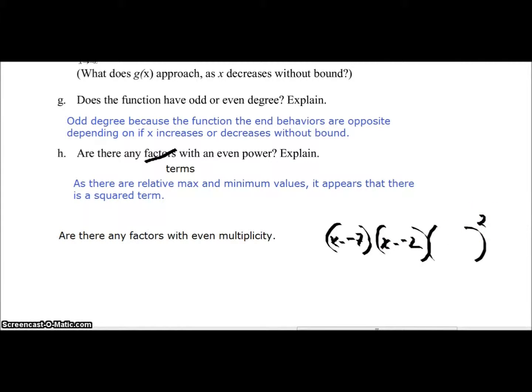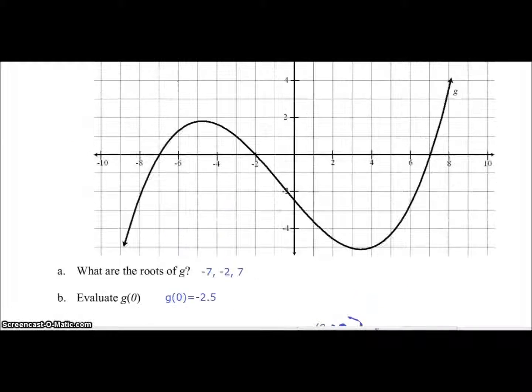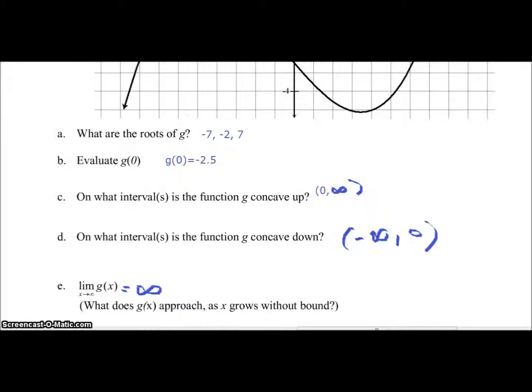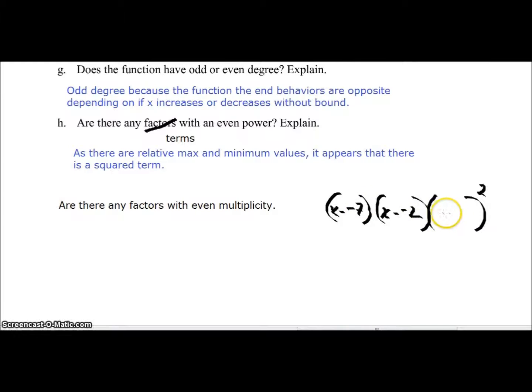And at our other zero, 7, we cross as well. So we don't have any even multiplicities. If we did, we would just touch.